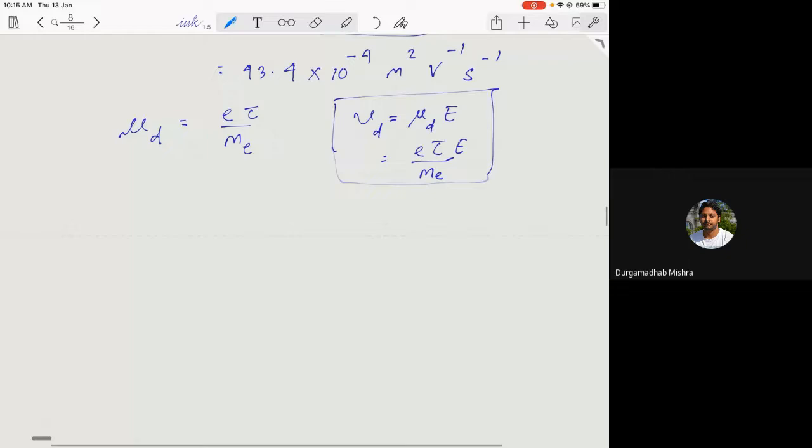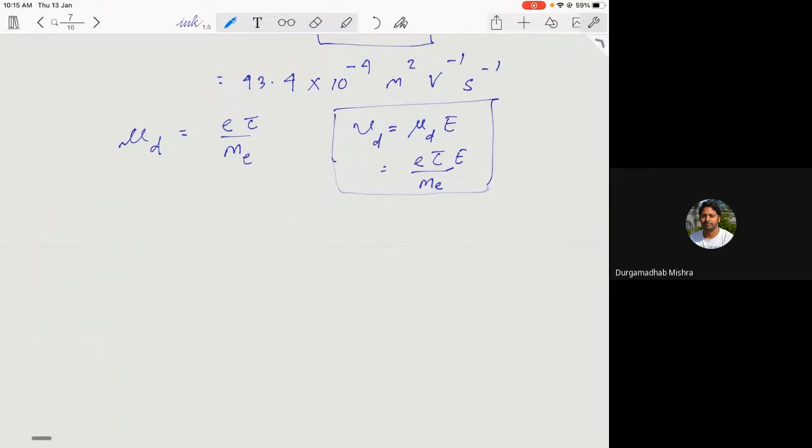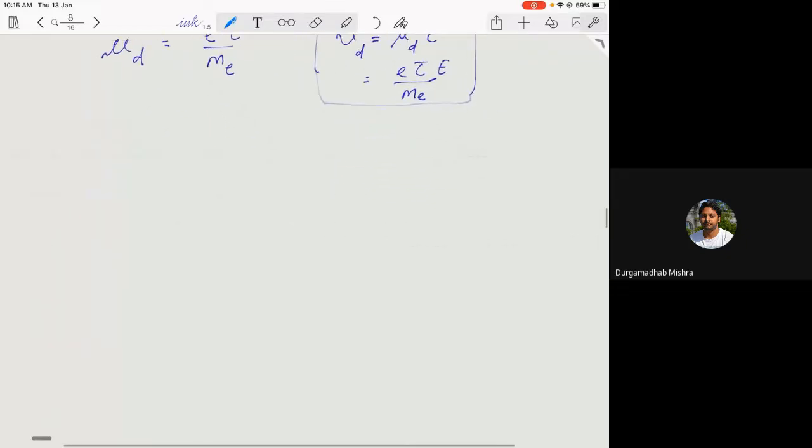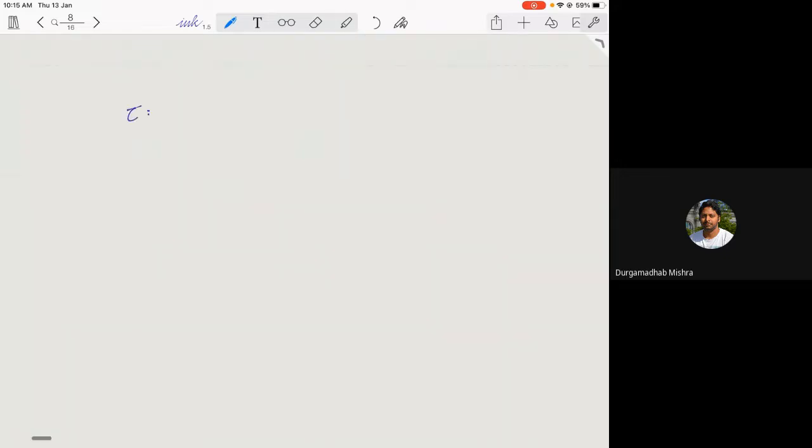So mu_D is e tau by m_e, and we have to calculate tau. Since we know all the other parameters, we can calculate tau, which will be m_e into mu_D by e. Now m_e, the mass of the electron, is 9.1 into 10 to the minus 31 kilogram.